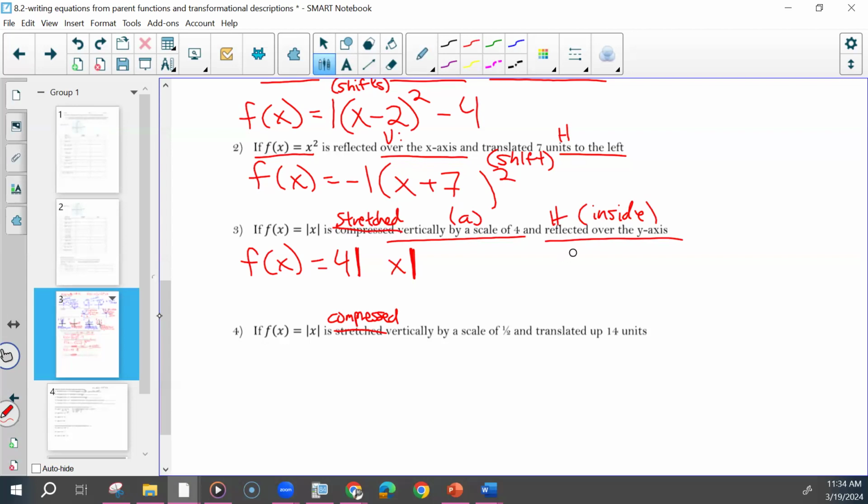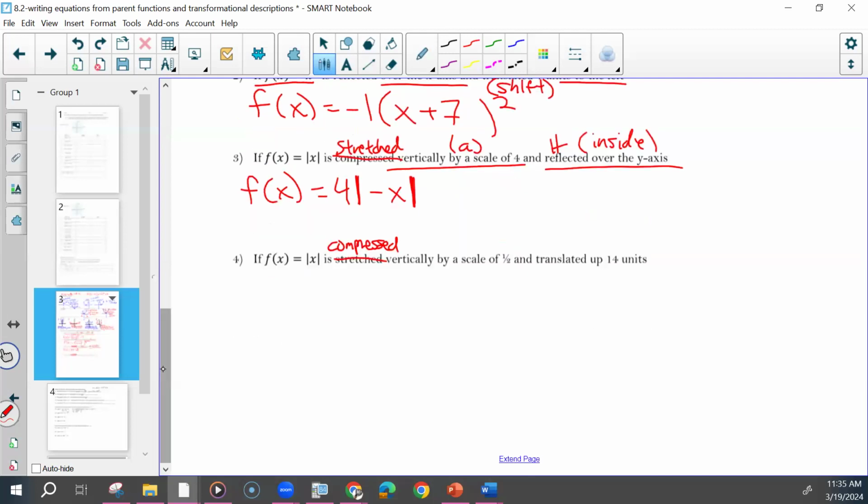But how do I show that it's been reflected? The negative. To put a negative right in front of that x. Questions on that one? Notice that there's not a square for this because it's not a quadratic, it's an absolute value. Do not get those confused. Don't start adding in squares for these. Don't start putting absolute value for these.